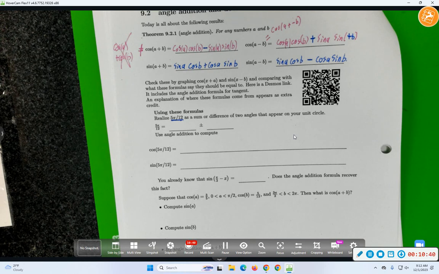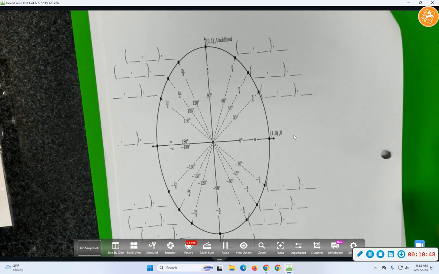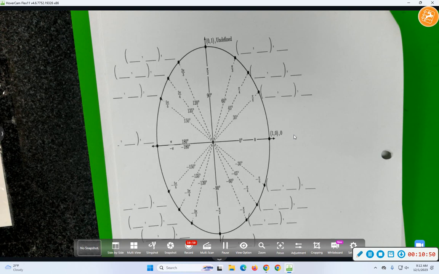The unit circle gives you trig functions at the following angles. They're the angles that we know how to compute trig functions at. Let's try two of them, see if they add up to 5 pi over 12. If they do, then we win. If they don't, then we need to try again.